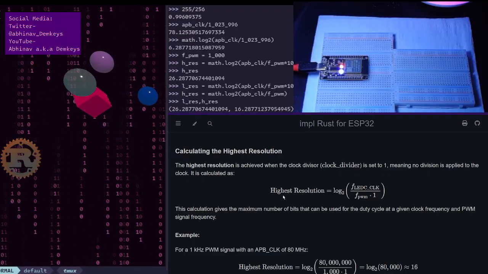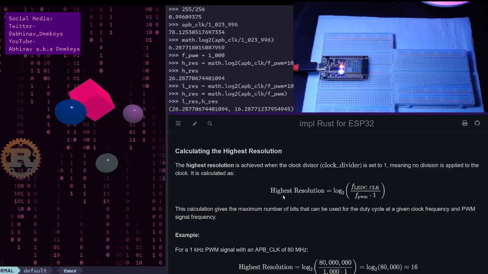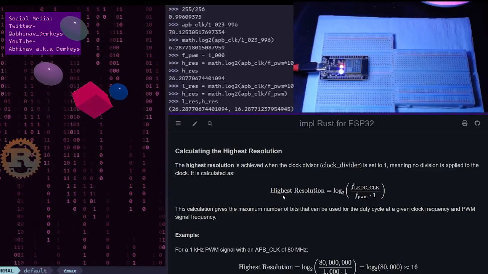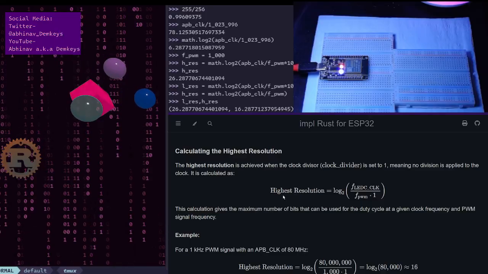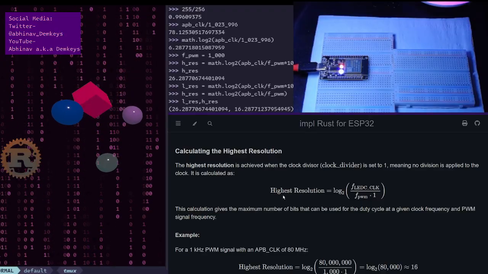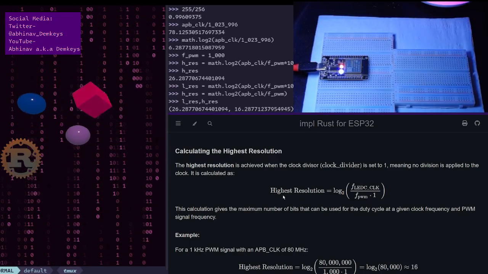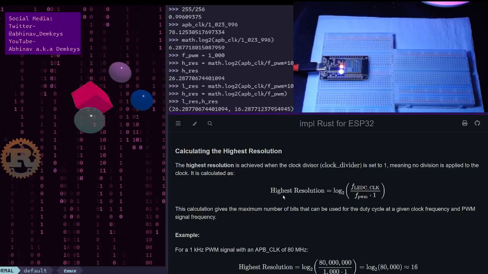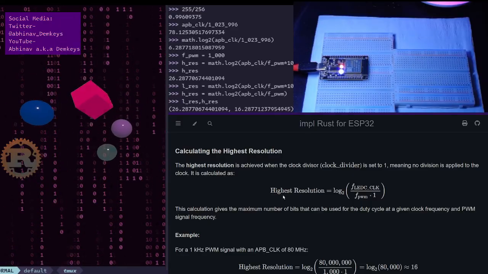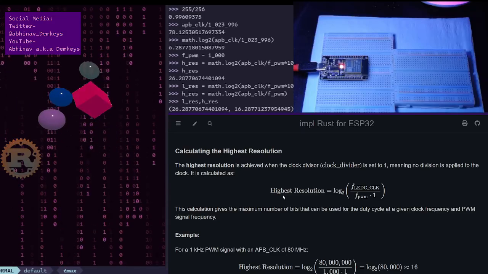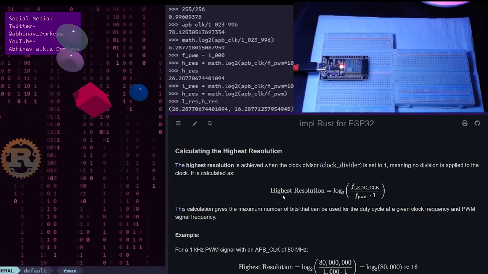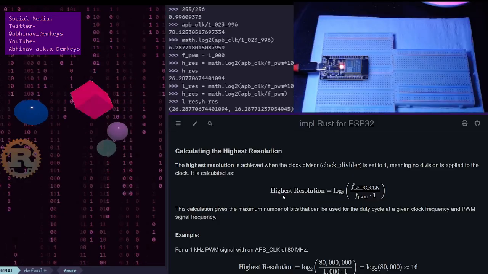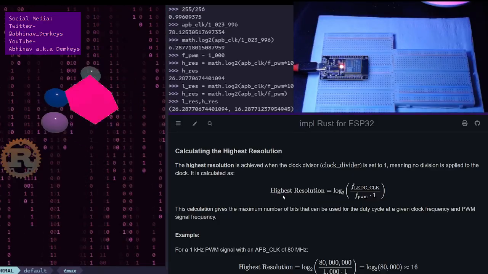The real meaning of highest versus lowest: the ESP32 uses a clock divider to slow down the main clock, which is 80 megahertz, to reach your target PWM frequency, which is 1 kilohertz, so 1000 hertz. Highest resolution, divider equals 1. You are running the PWM timer as fast as possible. This gives you the maximum number of steps, which is 16 bits, to describe one cycle.